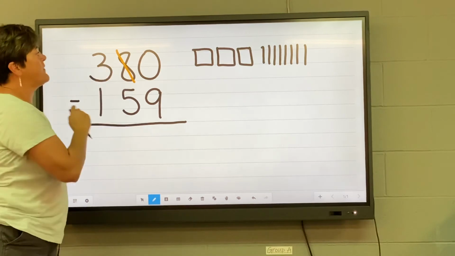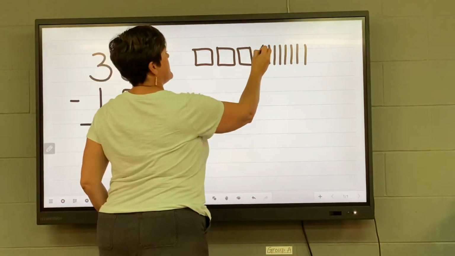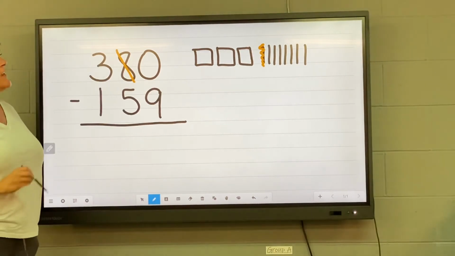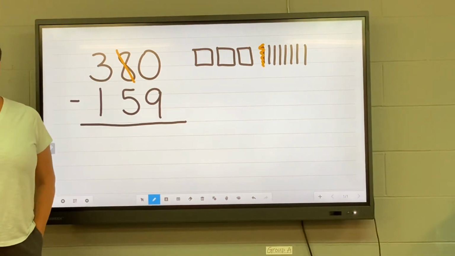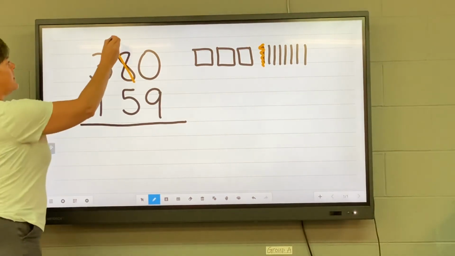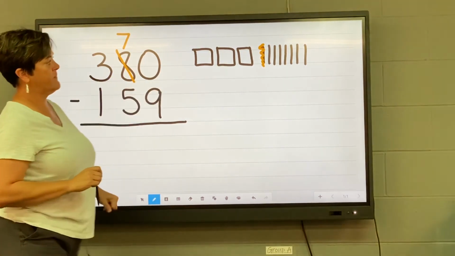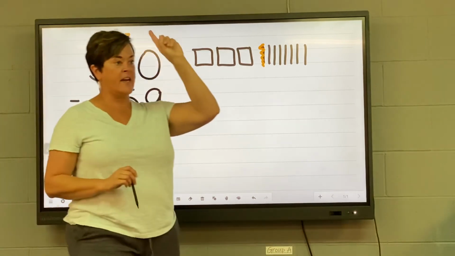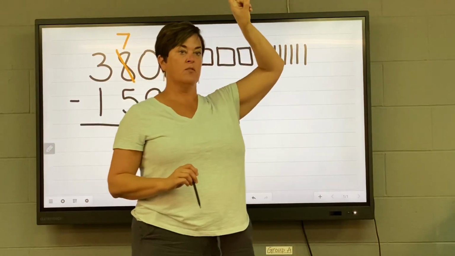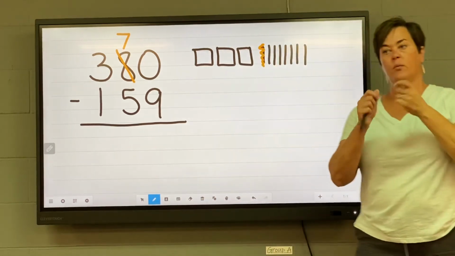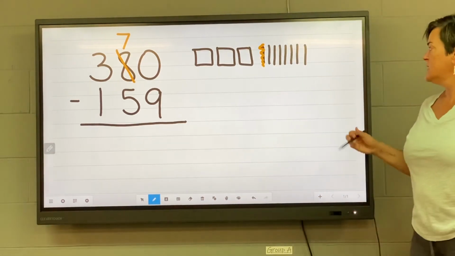So I took one of those tens out. I'm going to take that 10 out also there. Now how many tens do we have left? 7. There are 7 tens left. I have that 1 ten that I took out. Where does it need to go? Over in with my ones. So we break that apart.